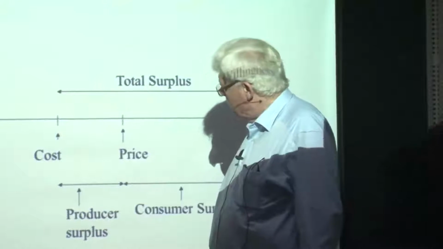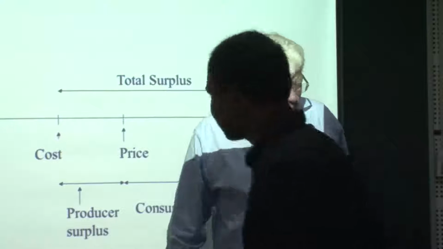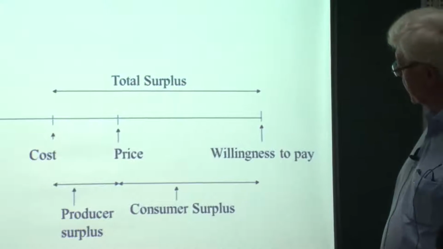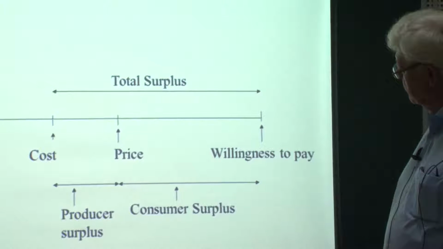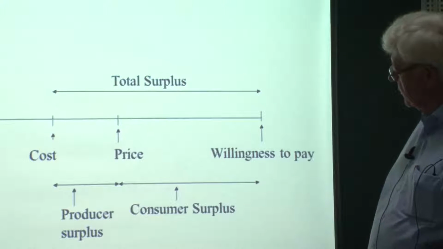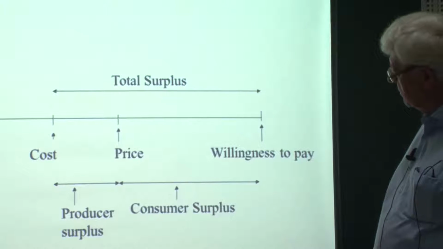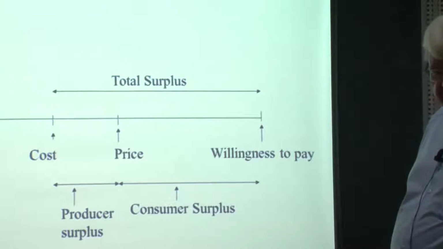How high must the price be of the second buyer to induce the producer to breach the contract?